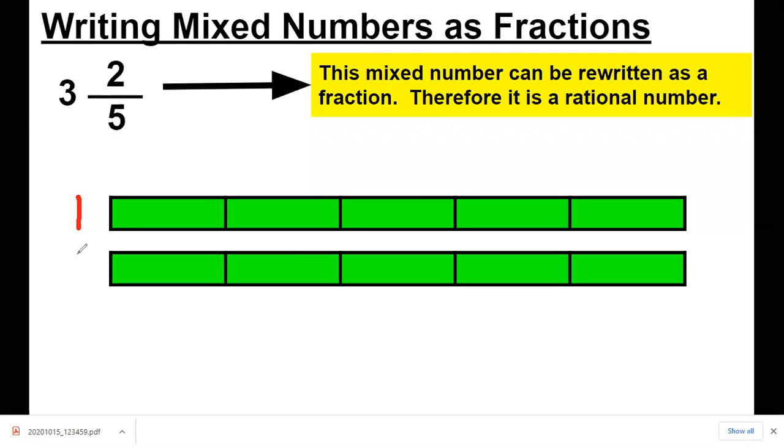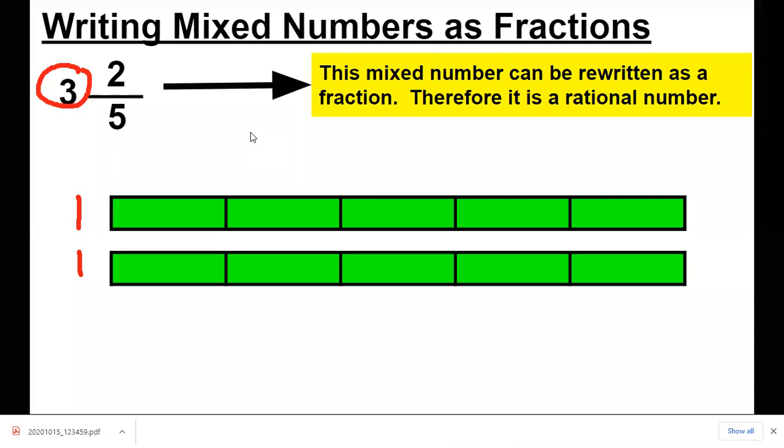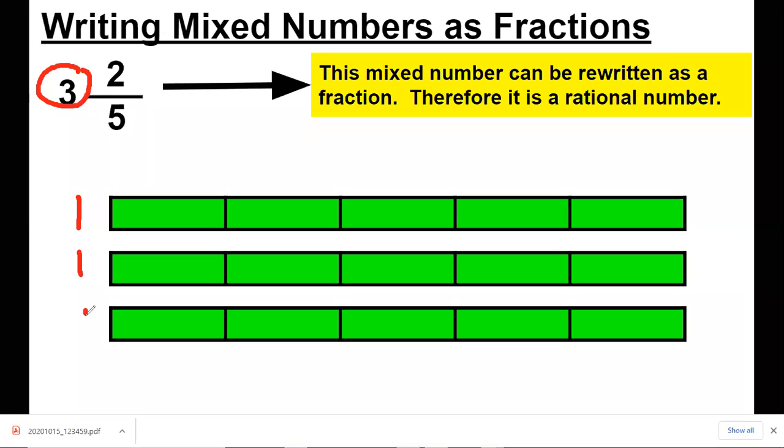I have now eaten another whole pizza, if you want to say that. But I need to get to 3 whole pizzas. So to do it again, 1 piece, 2 pieces, 3 pieces, 4 pieces, and 5 pieces. I have now eaten another whole pizza.